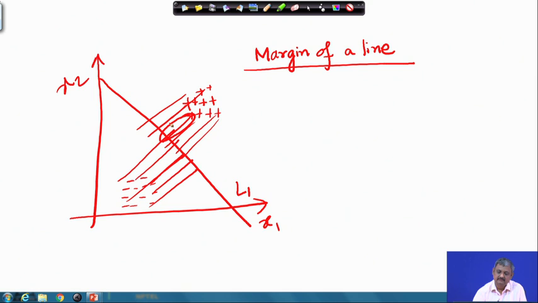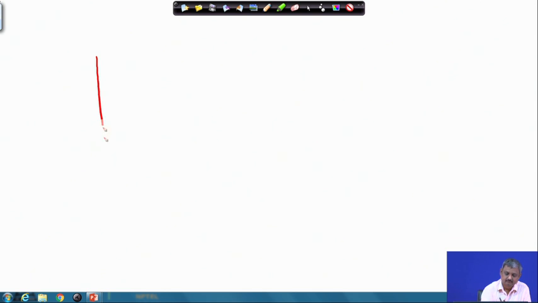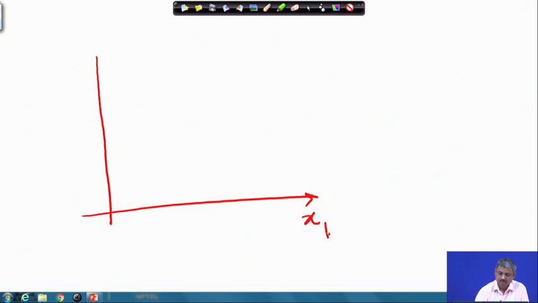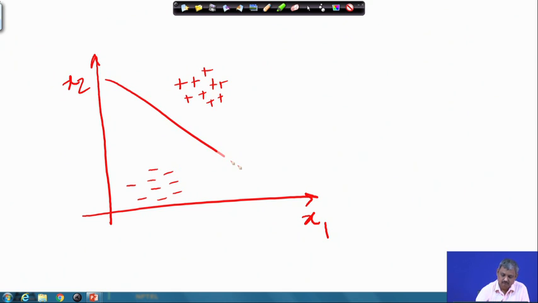That perpendicular distance is the margin of a line. So, take the closest point, drop a perpendicular, and this perpendicular distance I call the margin M.